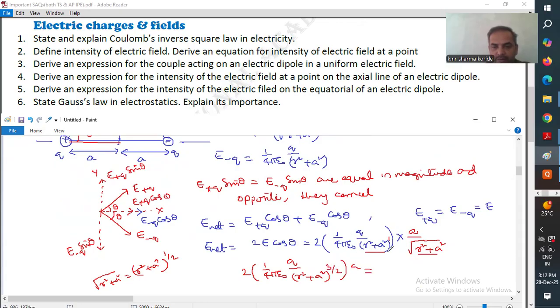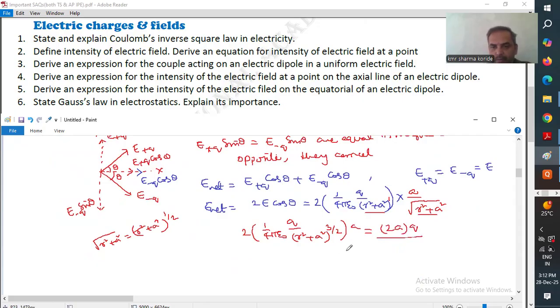R square plus A square to the power of 3 by 2, along with E. 2QA is again the equation of the dipole moment. 2A into Q you can write as P. So this can be 1 by 4 pi epsilon naught P by R square plus A square to the power of 3 by 2.